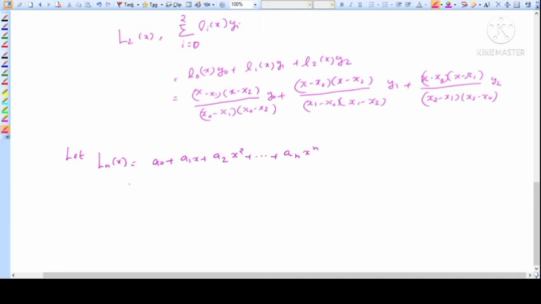Let this be the nth degree polynomial that we have already assumed, so that Ln of xi is equal to y of xi is equal to yi.